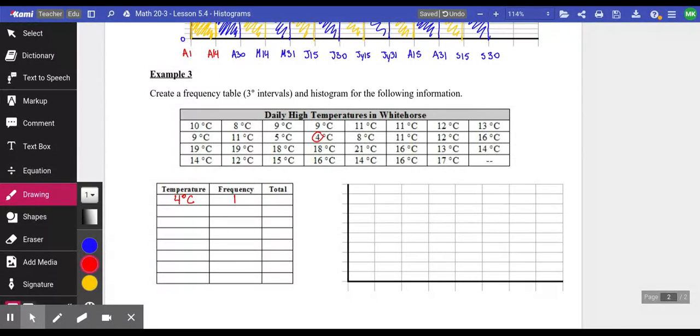The next temperature we would look at would be 5. I also only see it happening one time. The next highest temperature looks like it's 8. And it looks like it happens twice.